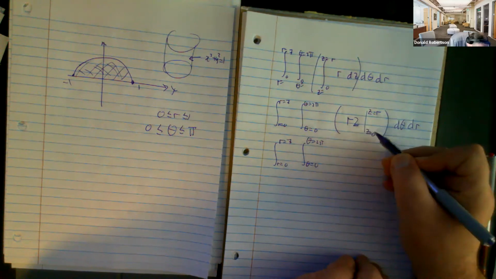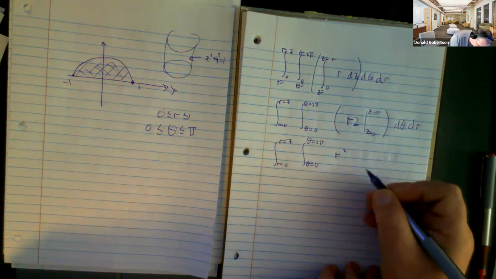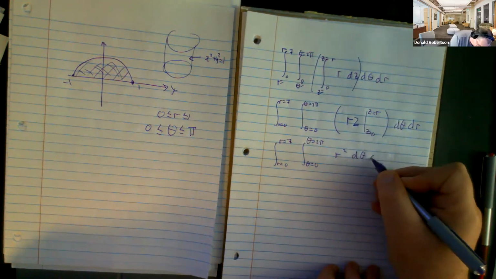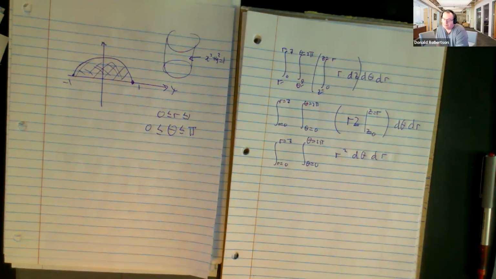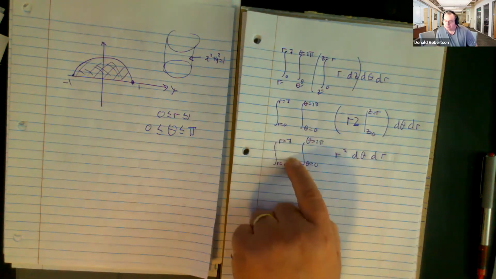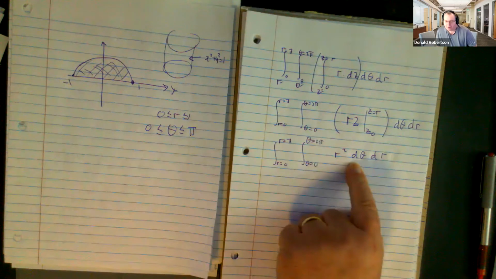And you get r squared, take away nothing. So you just basically get r squared d theta dr. Is this separable? Numbers? Check. This part? Check.